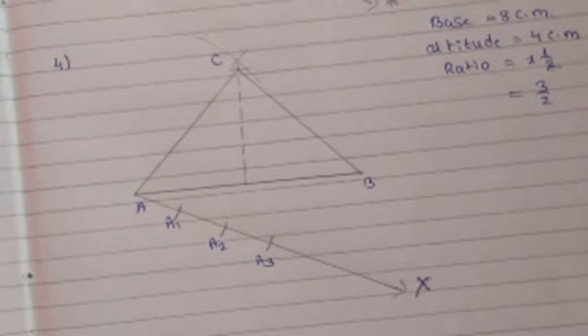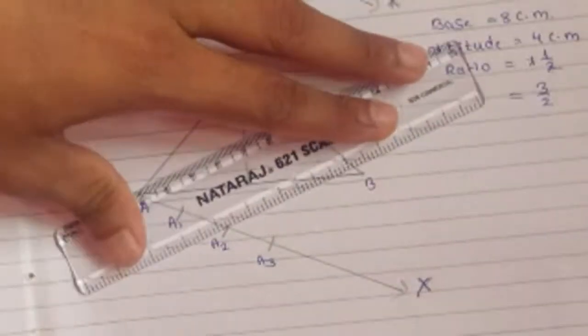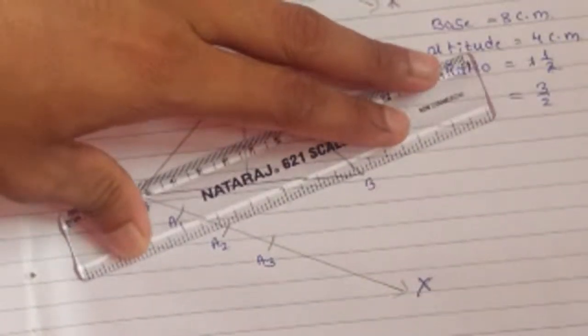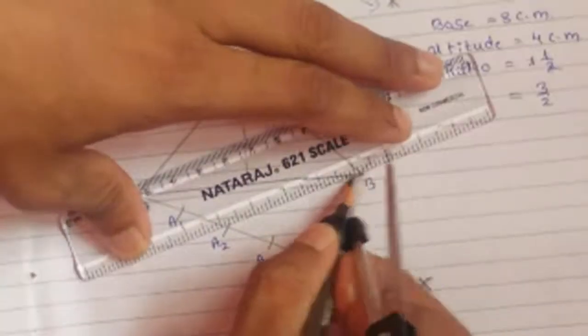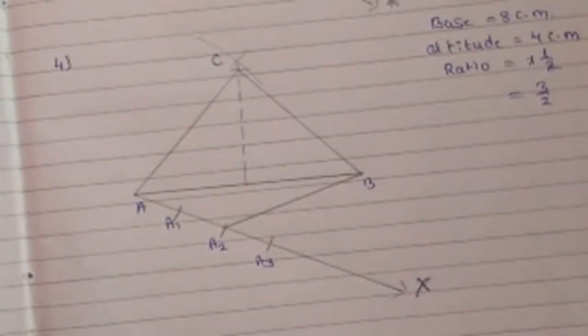Is it A2, that is second point we have to join, is correct. So I will join point A2 and B. It's not 3, it's 2.